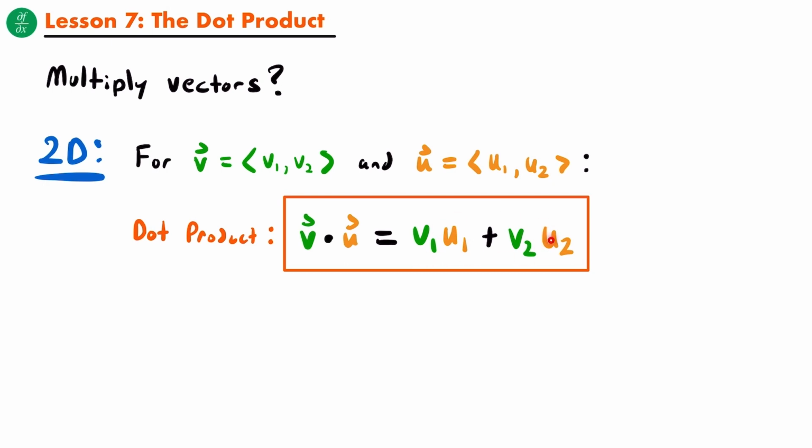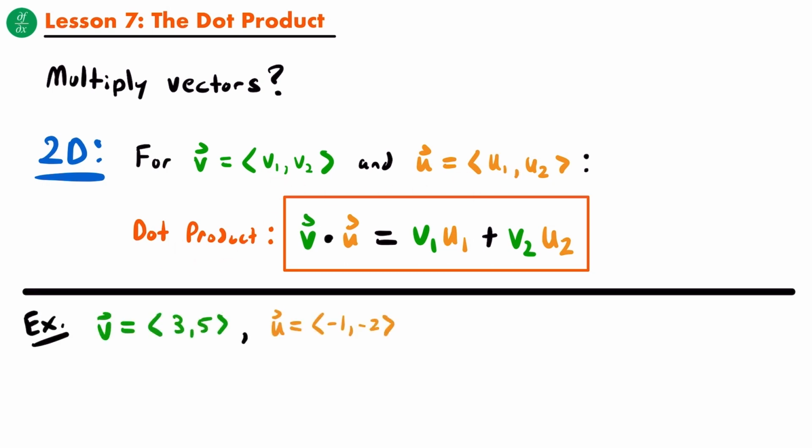Now, how that scalar value is useful to us is something that we will look at in later lessons. For now, what I'll tell you is that the result is going to give us an idea about how these two vectors are related in terms of their direction. But once again, we're going to look at the uses of the dot product in future videos. Okay, but now let's take a look at an example of finding a dot product for two vectors.